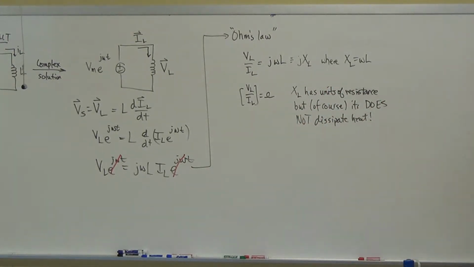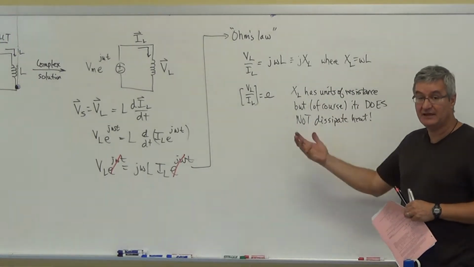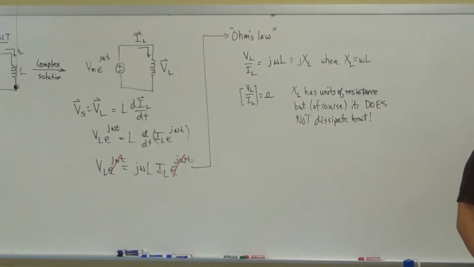It's not resistance because, in 4B, we probably talked about this in this course, resistors dissipate heat. Inductors do not dissipate heat. So what they do here is impede the flow of current by the back EMF.